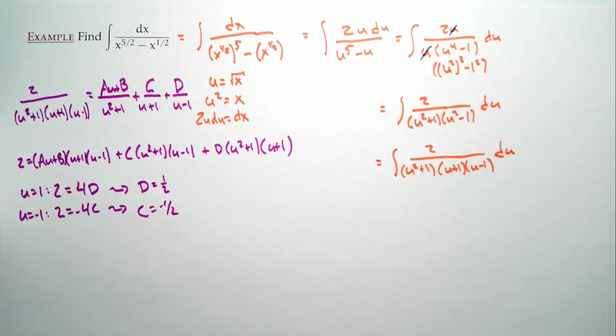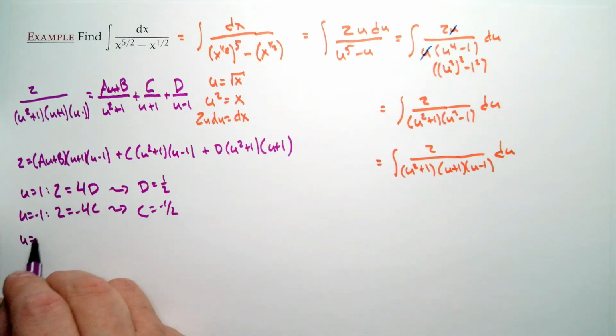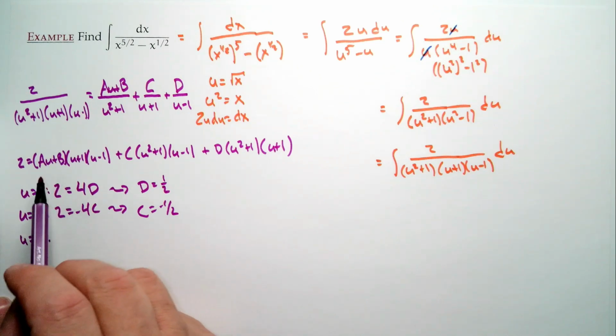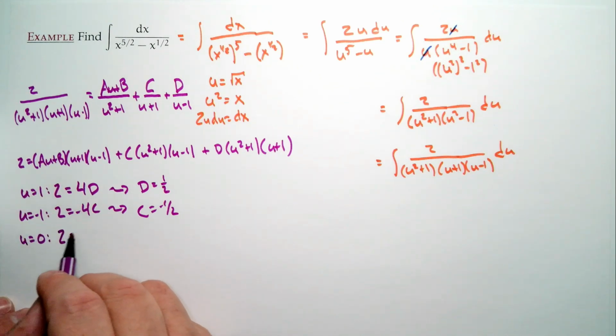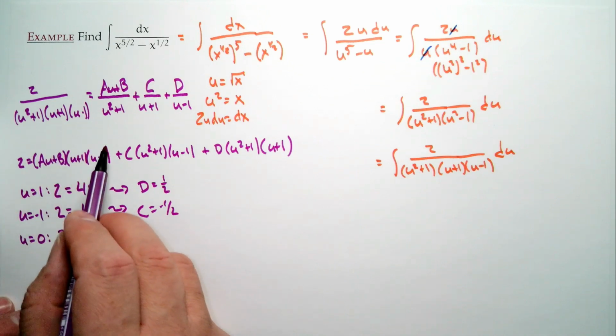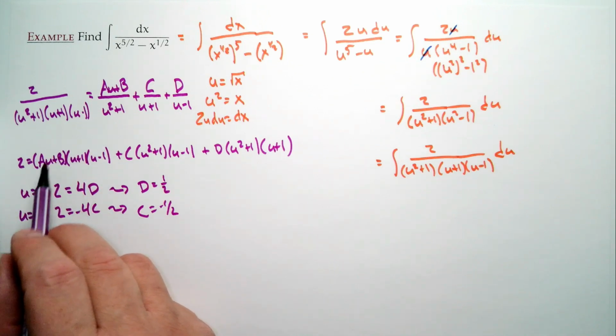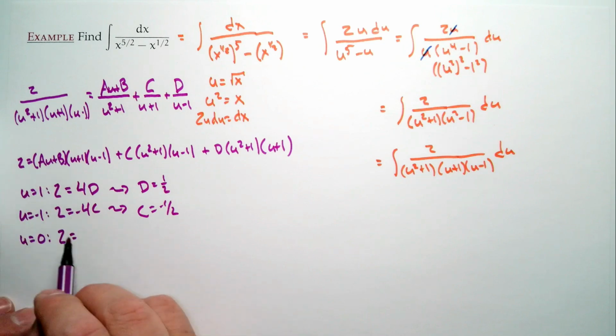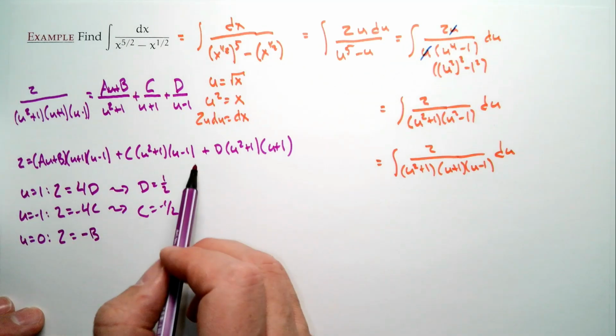How about 0? Let's try 0. 0 is almost always a good choice to try. Okay, we try 0. We get 2. From the first part, what will we end up with? Negative b, because au goes away. From the second part, what will we end up with?